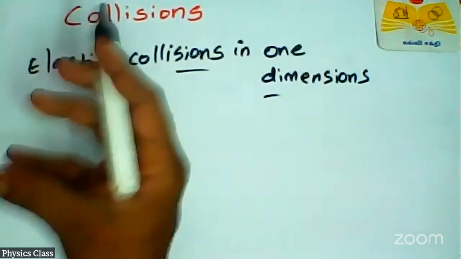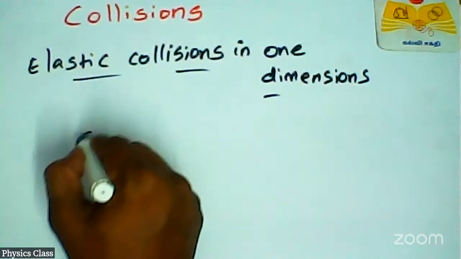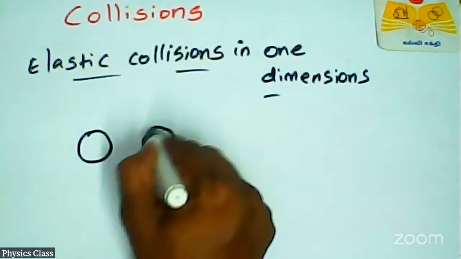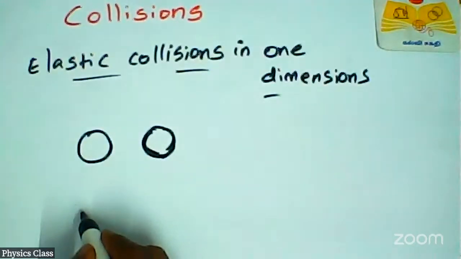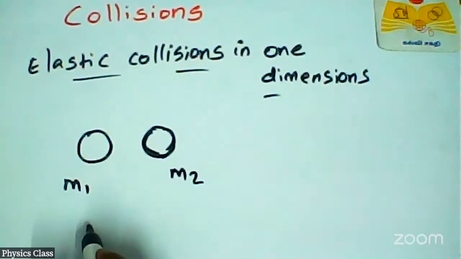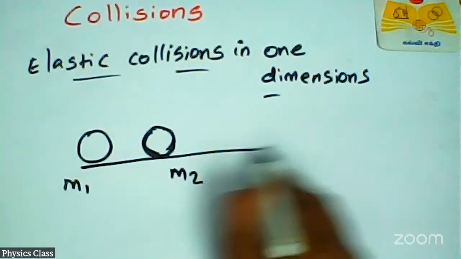Consider two bodies, which have masses m1 and m2, moving in a straight line.